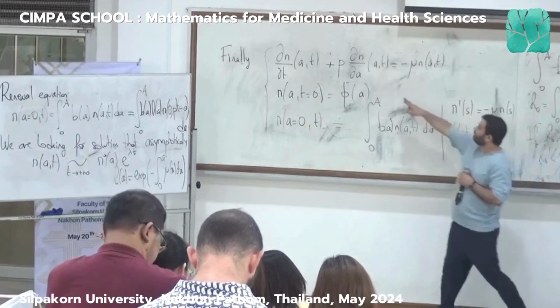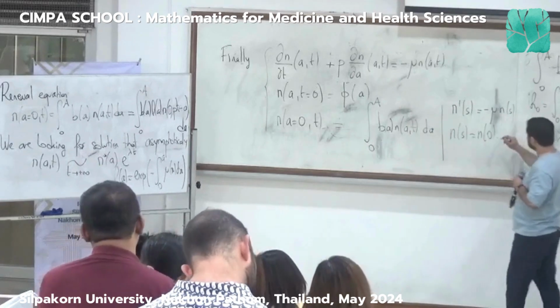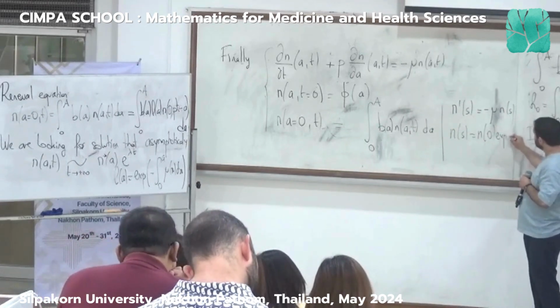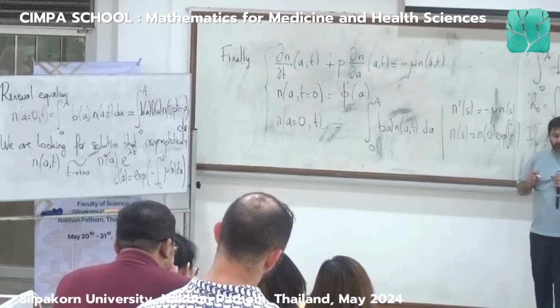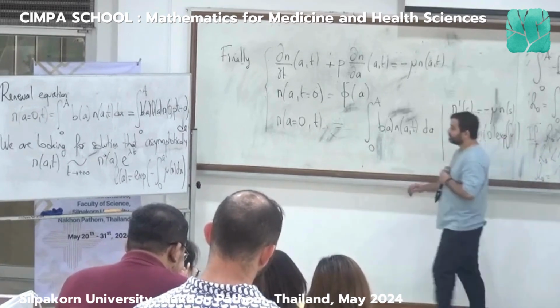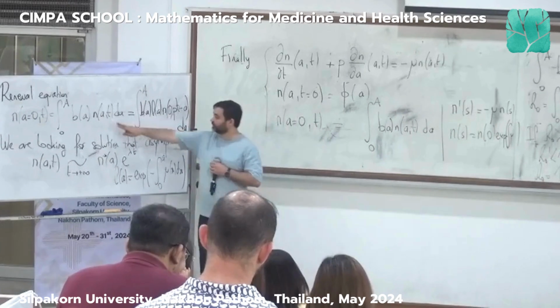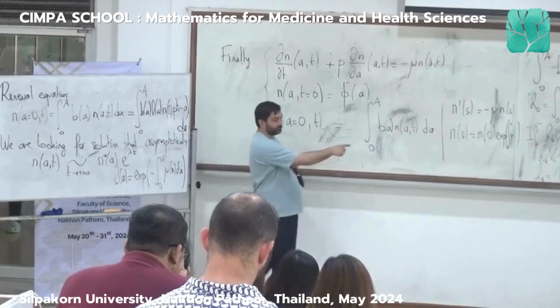Just be careful: it is not A, it is the exponential of the integral of minus mu. This comes from this equation.